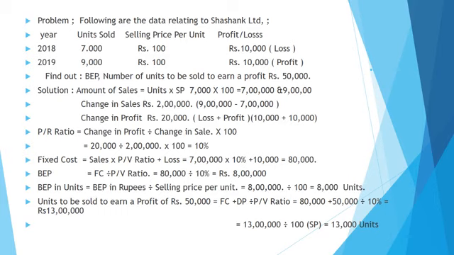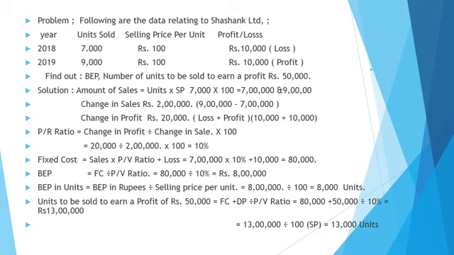So 80,000 is the fixed cost. Then we have to calculate BEP. BEP is equal to fixed cost divided by PV ratio. Fixed cost rupees 80,000 divided by PV ratio 10%. Rupees 8 lakh is the BEP.